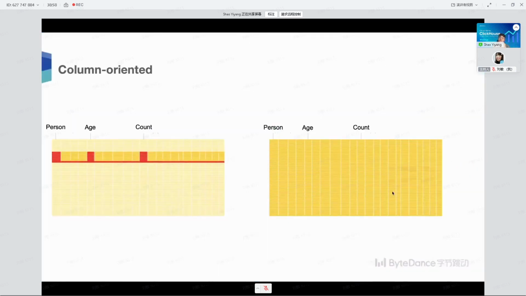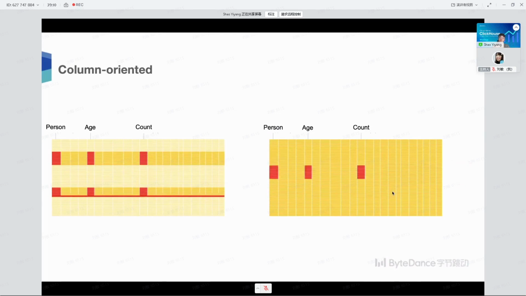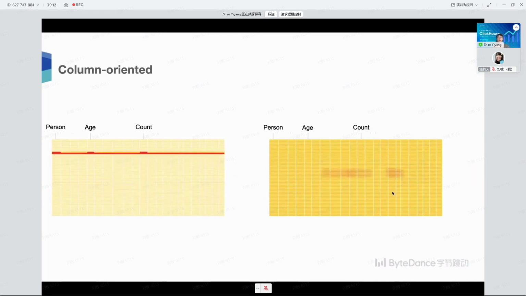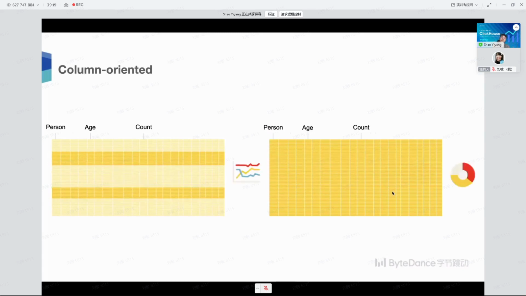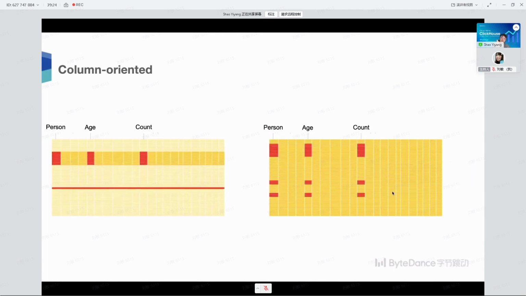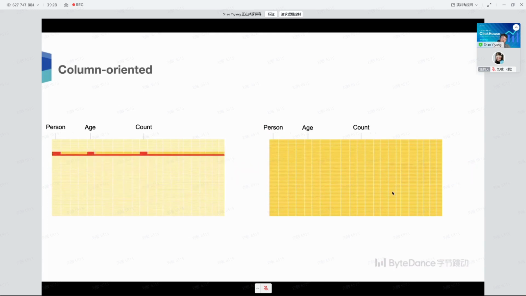If the data is organized in a row-based fashion, for the query we saw just now, it needs to read all the columns for all the rows involved in the computation. But for a column-based database, it only needs to read the part of the data involved in the query, and only the columns of that part of the data. So it makes the data read less and also fast.